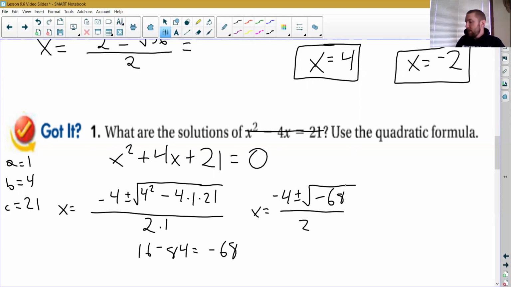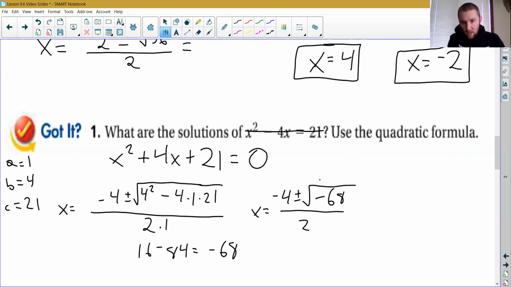Now 68 is not a number that we know the square root of very nicely, so I'm going to use my calculator. I'm going to go square root negative 68, and it says domain error. Why does it say domain error? Well, because I'm trying to square root a negative number, which I'm not allowed to do.